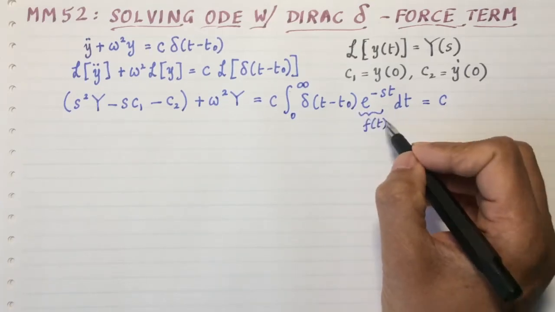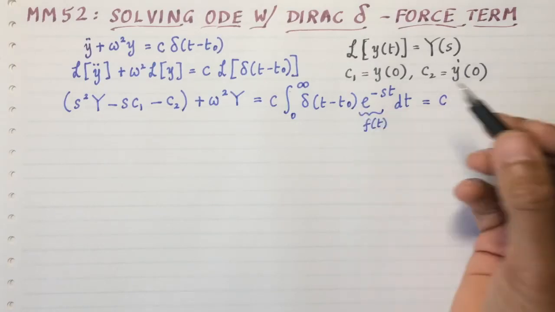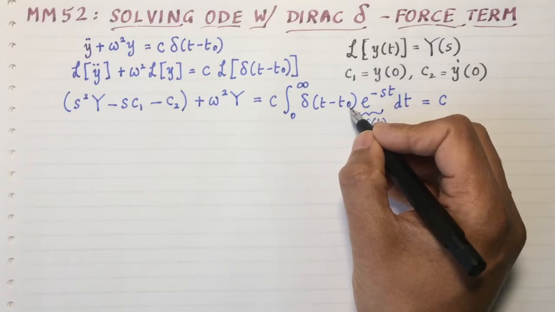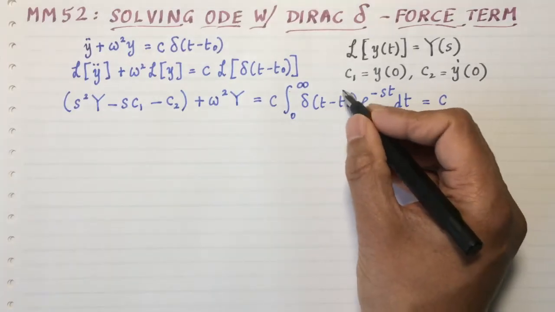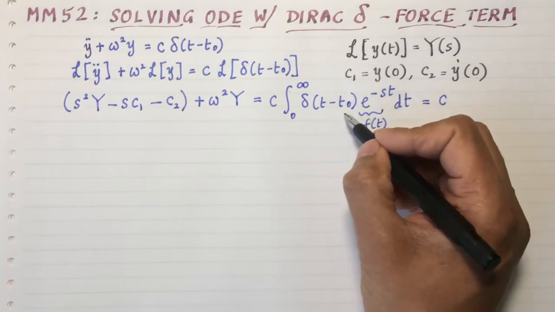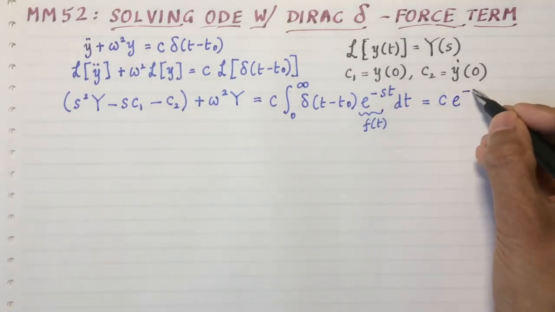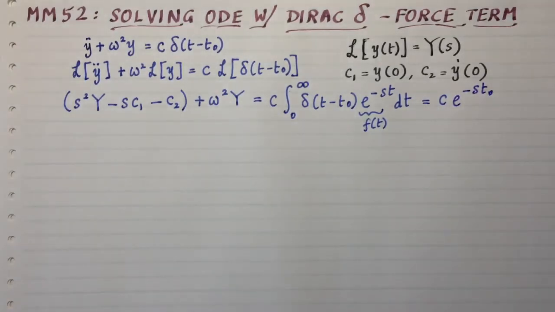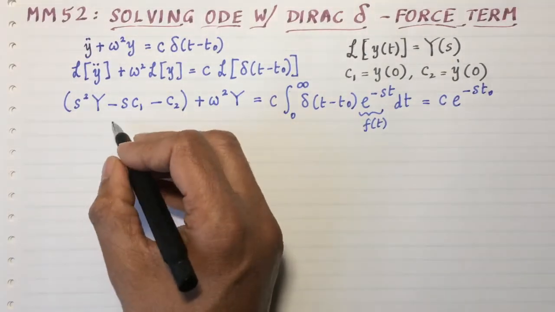It extracts the value at the place where the extraction is carried out. Here the extraction is carried out at t0. To find the place where the extraction is carried out, set the argument of the delta function to be 0, so I get t equals t0. And so this gives me e to the minus st0. Done.